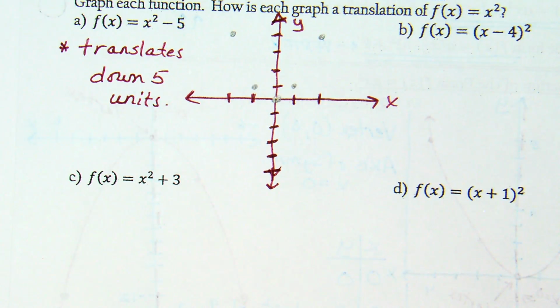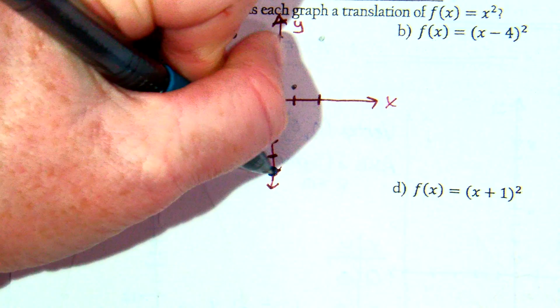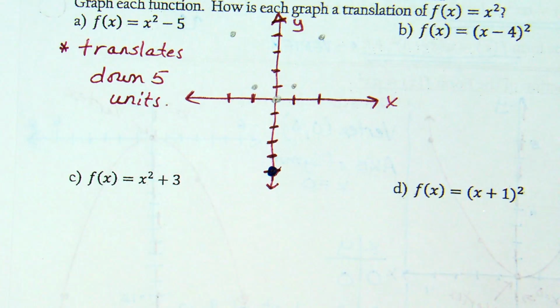Now, I'll be honest, I don't do it exactly that way. My suggestion, start with your vertex and move it down 5. So here's my vertex, 1, 2, 3, 4, 5. There's my new vertex. Now, if you want to move each of your other dots down 5, that's fine. Here's what I think. Basic parabola.